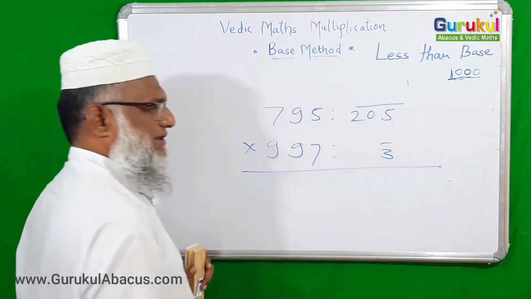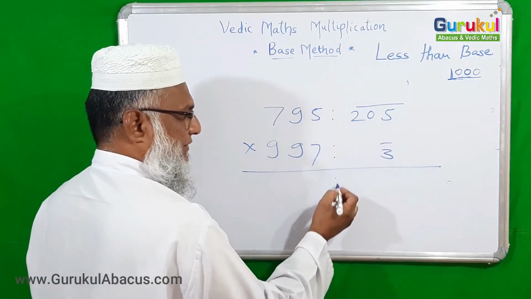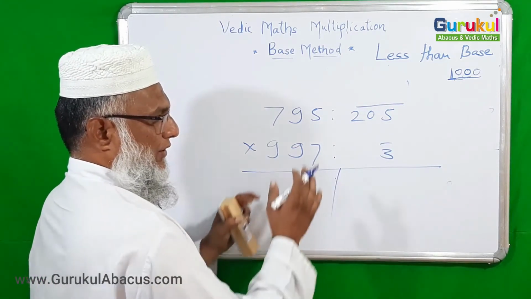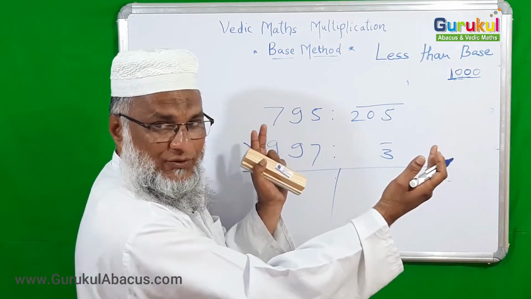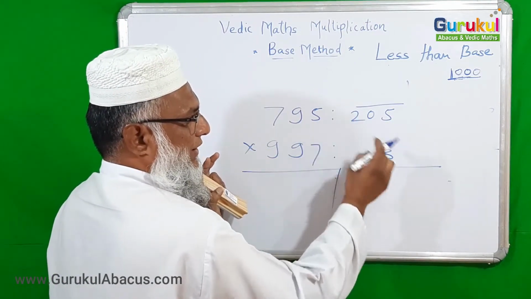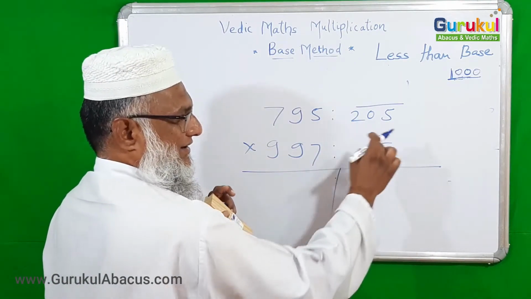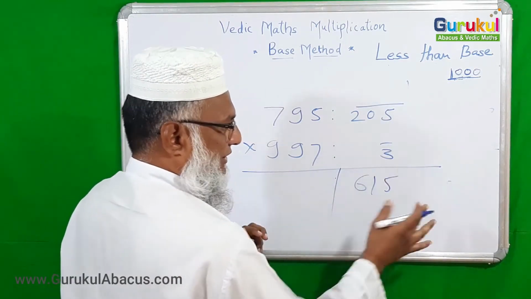Okay, now there is multiplication. In the multiplication also you can do one mental trick. You can treat 205 separately. Then 200 into 3 is 600, and 3 fives are 15. 615 is the answer if you multiply mentally.